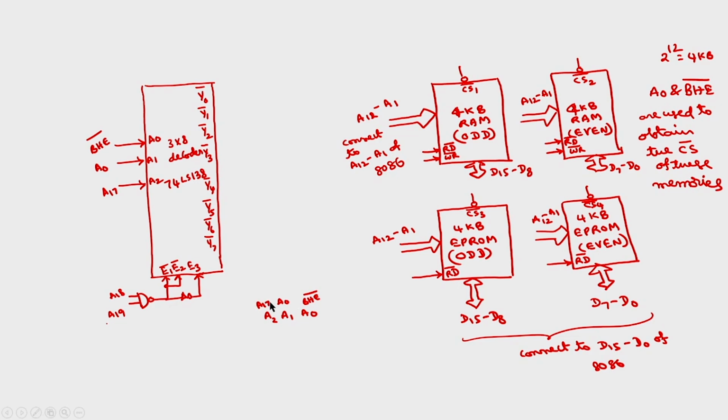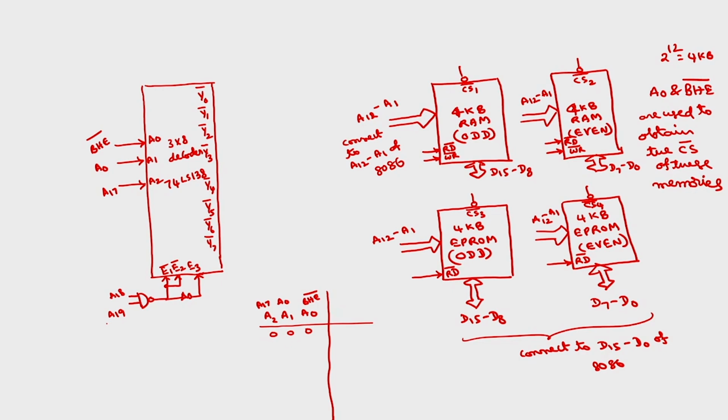If you have 0, 0, 0, you have a total of 8 combinations. If all are 0, 0, 0, Y0 will be selected. So, Y0 becomes 0.